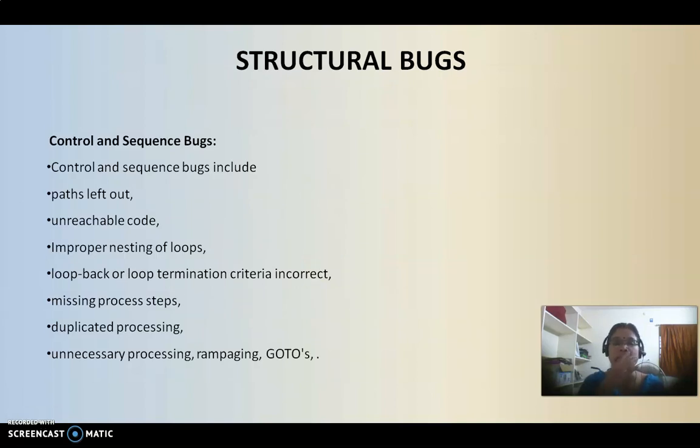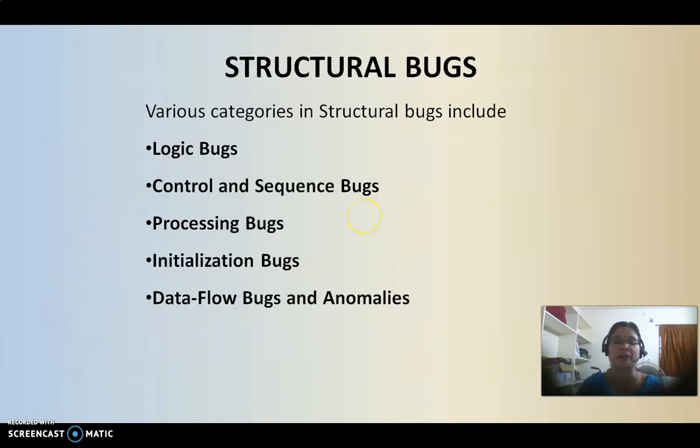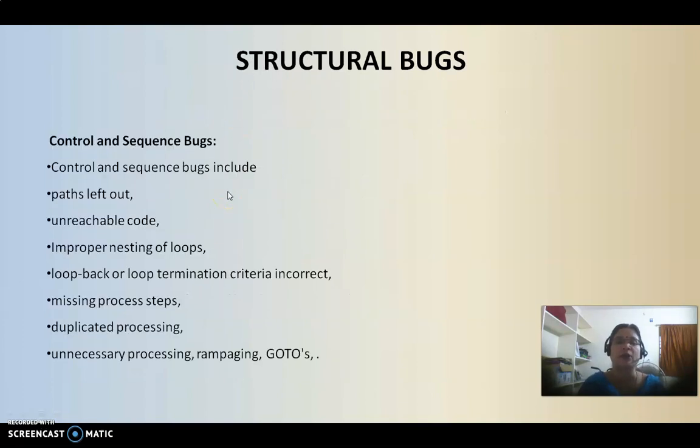First of all, what are structural bugs? One of the first categories is control and sequence bugs. What are these control and sequence bugs? Normally they can be described as left out paths, unreachable code, improper nesting of loops that are not closed or not properly given, and improper expressions.